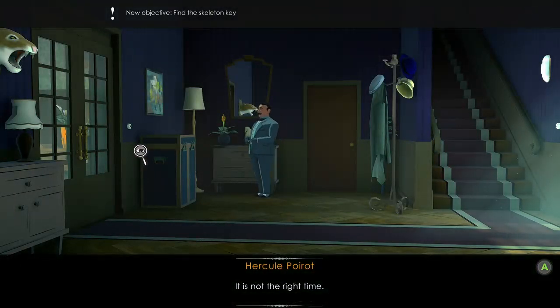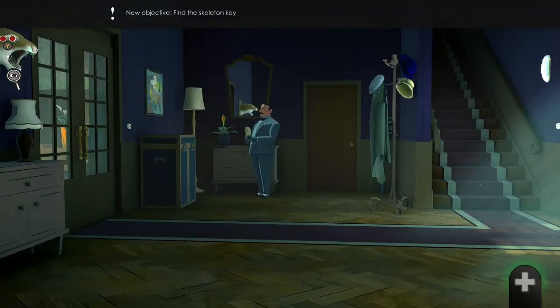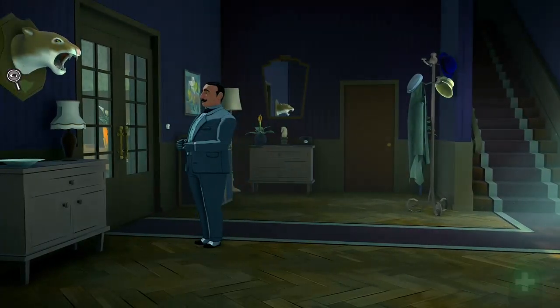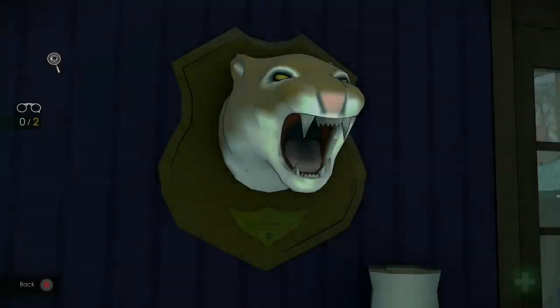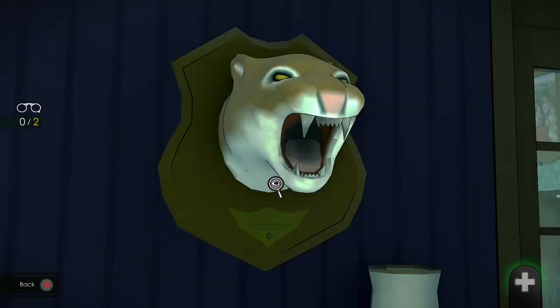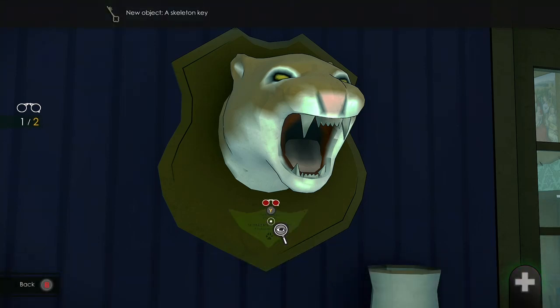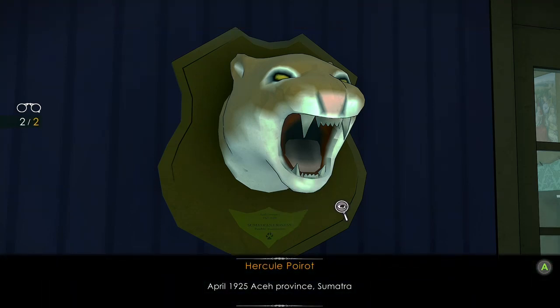It is now the right time. Is it in here? Is this a lion trophy? Sumatran lioness. Here is the skeleton key. So, what do I use it on? April 1925, Aceh province, Sumatra.